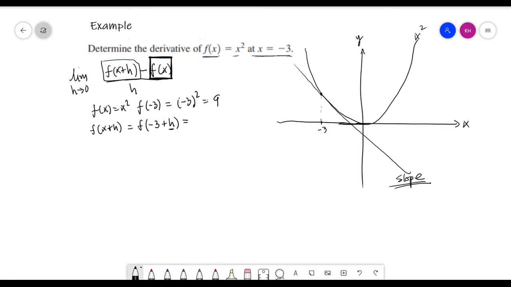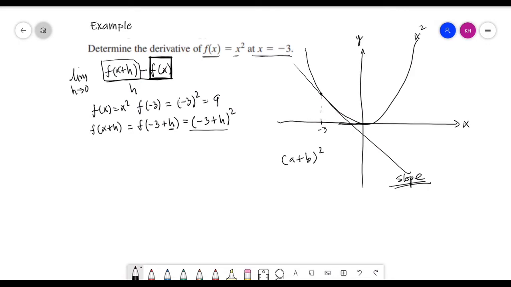Technically, we just have to plug in negative 3 plus h into x in the function. So we're going to have negative 3 plus h whole square. To simplify this, we have to use our formula for a plus b whole square.